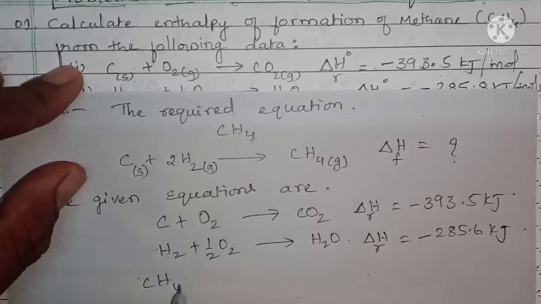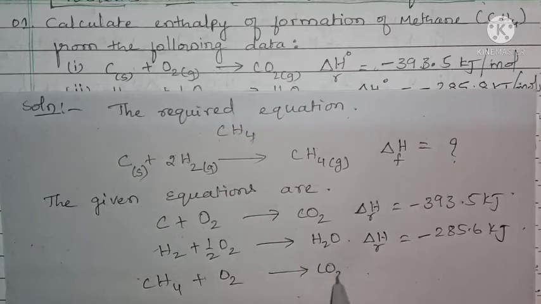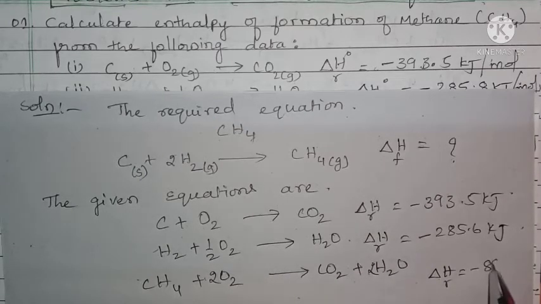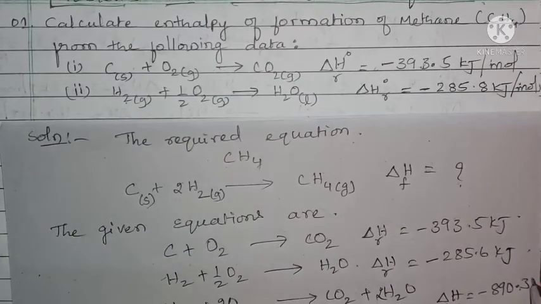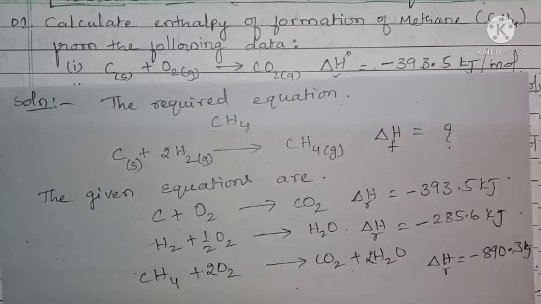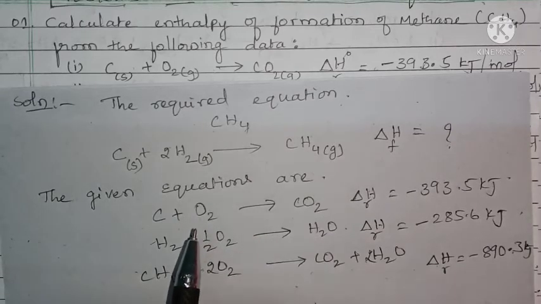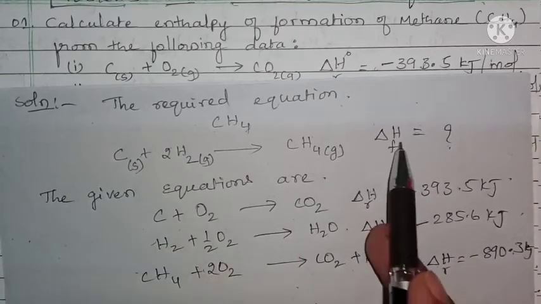And CH4 plus O2 gives CO2 plus H2O, after balancing, CH4 plus 2O2 gives CO2 plus 2H2O, and delta H reaction is minus 890.3 kilojoules. So these are the data. By using these data, I have to arrive at the required equation. That means I have to use all the three equations, and finally I have to get this equation.